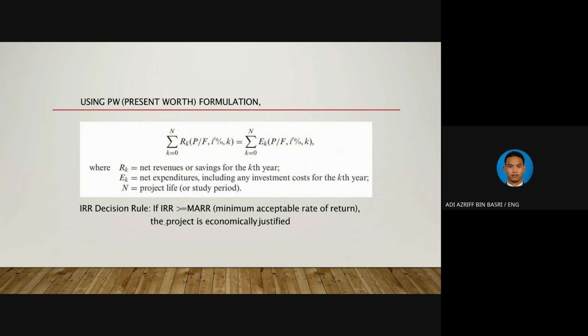In order to make a decision, the rule is: if your IRR is greater than or equal to MARR, the minimum acceptable rate of return, then the project is economically justified. I mean, it is worth it for you to take the risk of the investment.